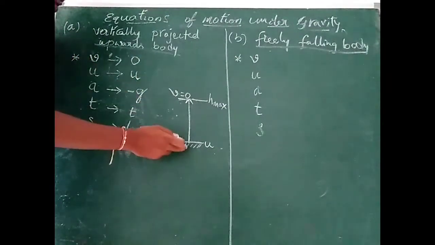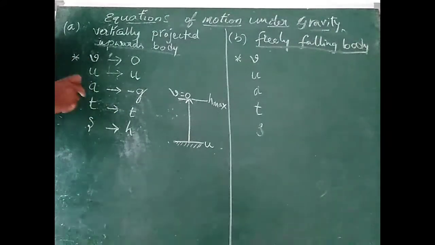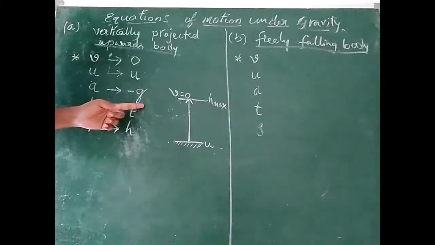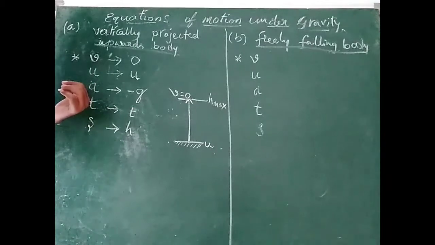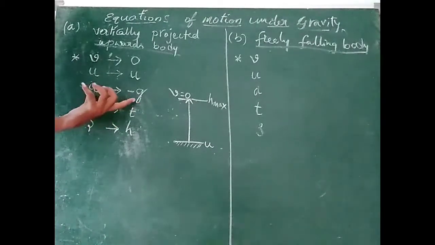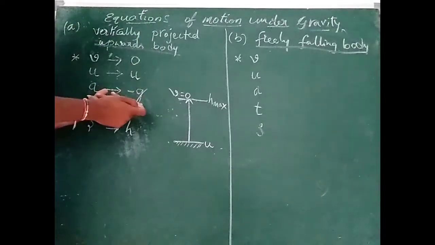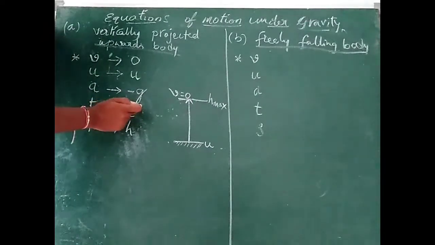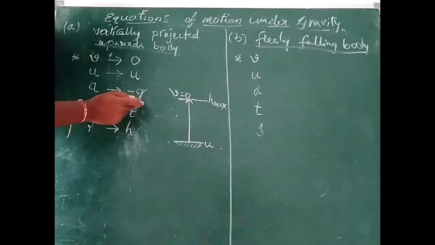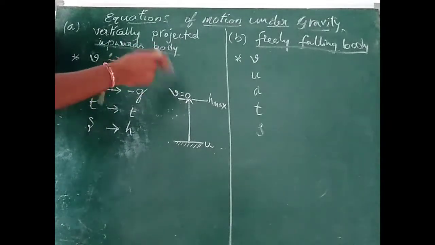It should have some initial velocity U, and A becomes minus G. Why A becomes minus G? A is nothing but acceleration. G is also nothing but acceleration. But here A is acceleration by certain force, and G is acceleration due to gravity. These equations are motion under gravity.